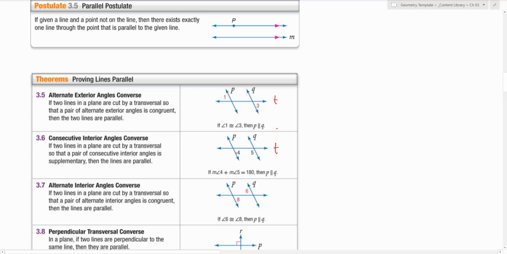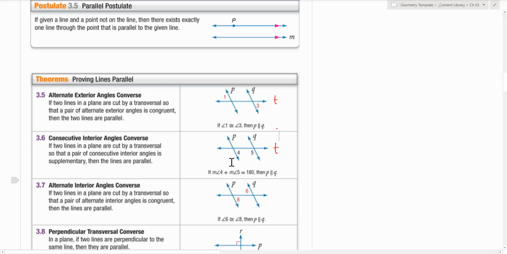They're supplements of each other, you add them together and they equal 180, then lines P and Q must be parallel. Once again, lines P and Q are cut by a transversal T, such that consecutive interior angles 4 and 5 are supplementary. They add up to 180, then these lines must be parallel to each other.